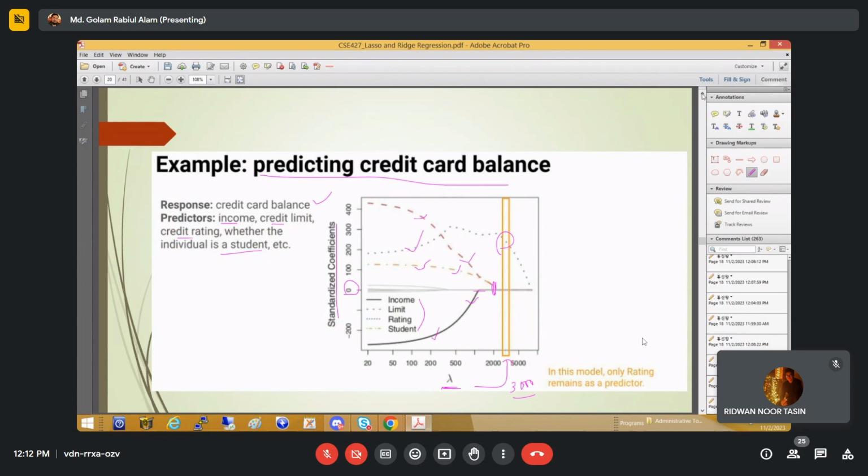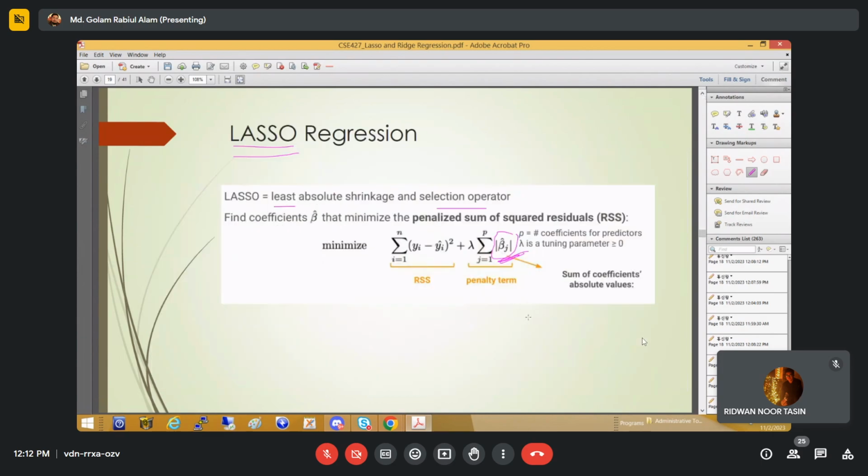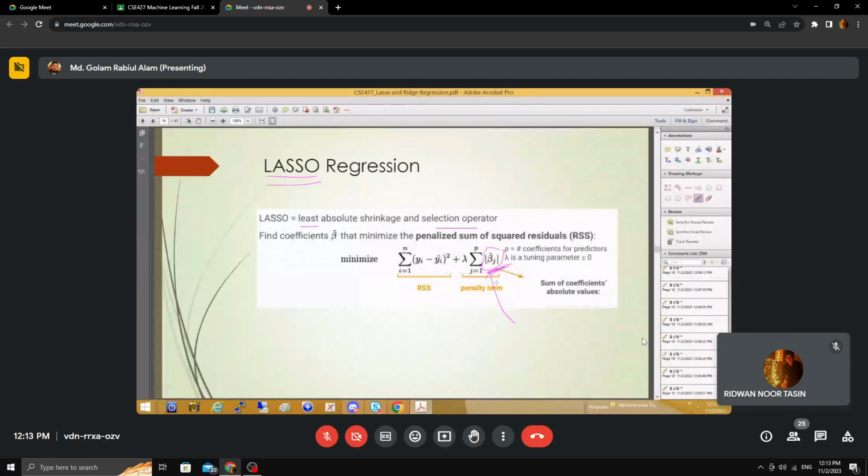So in the case of lasso regression, it can set parameter values to 0, so that it can exclude some of our feature values that are not important.